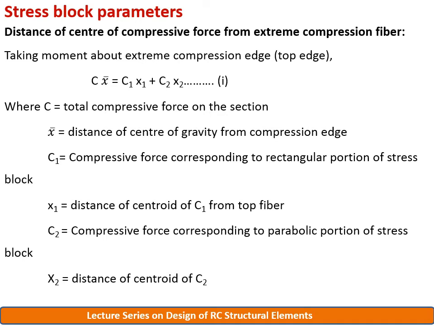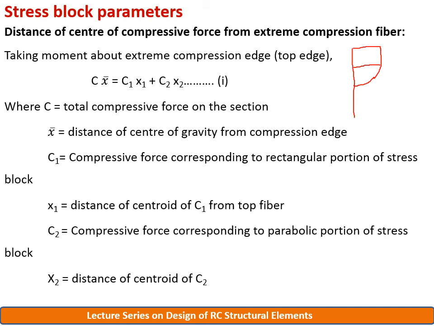Now we need to find the second stress block parameter. What exactly is this, and how do we find it? For the first stress block parameter, we calculated the area under the curve, the stress block. That area is already found.